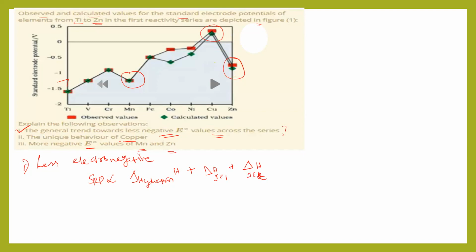So the standard reduction potential values directly depend upon these three things: the enthalpy of hydration, the ionization potential 1 and the ionization potential 2.